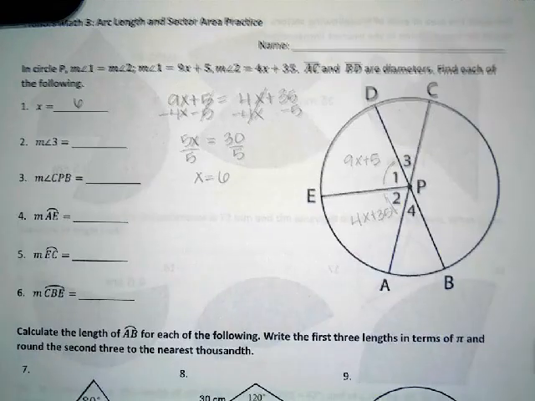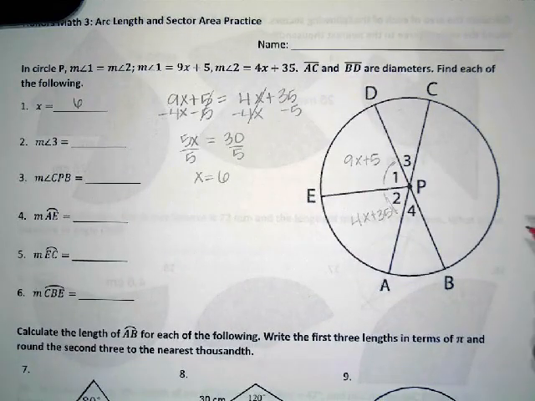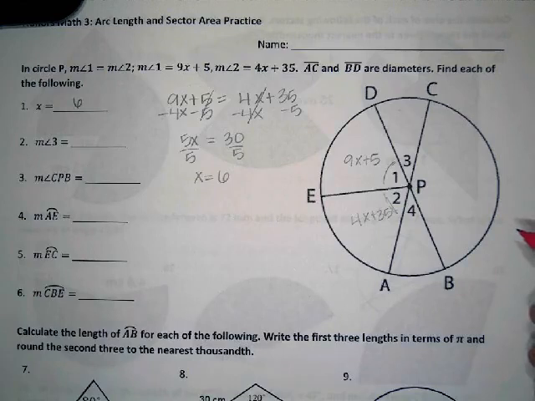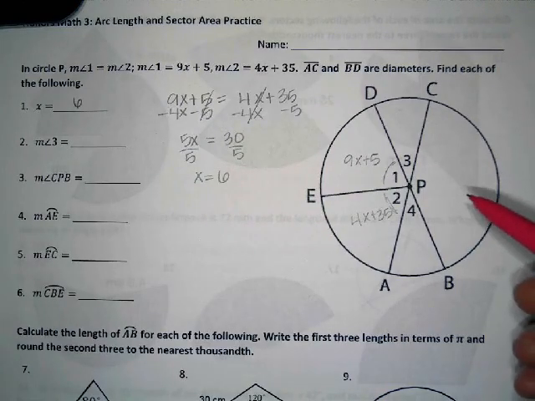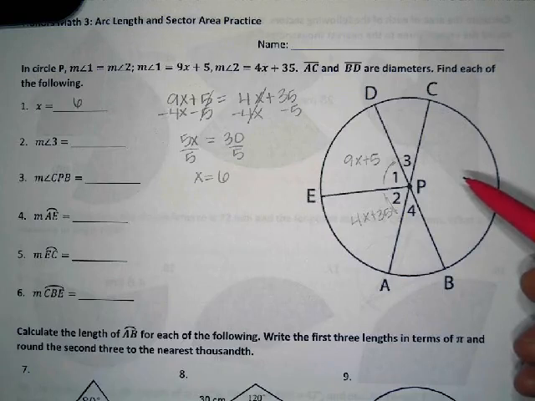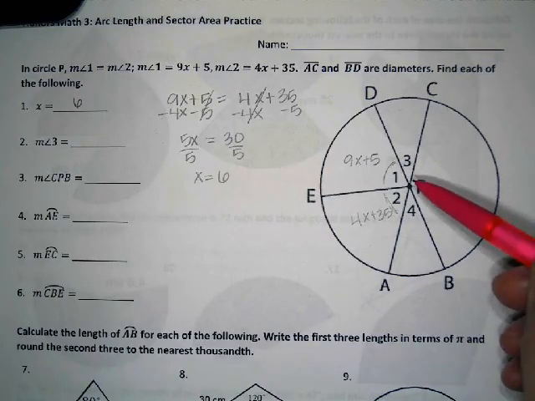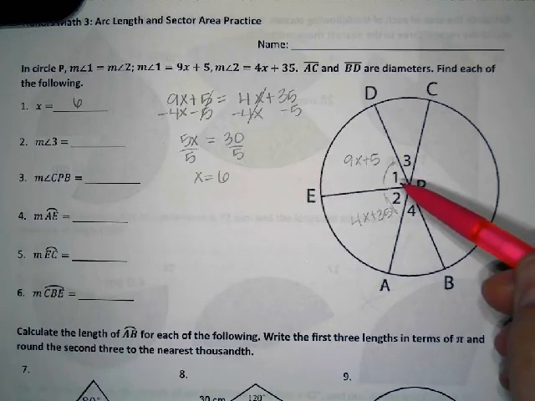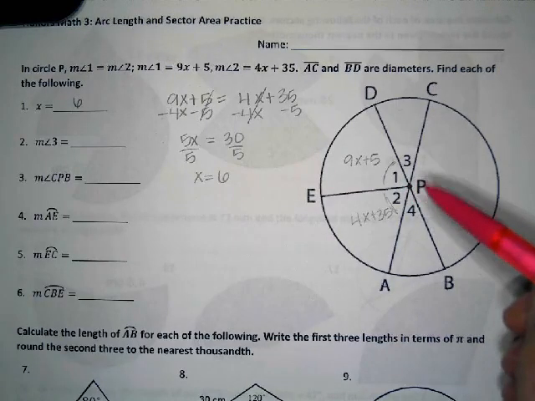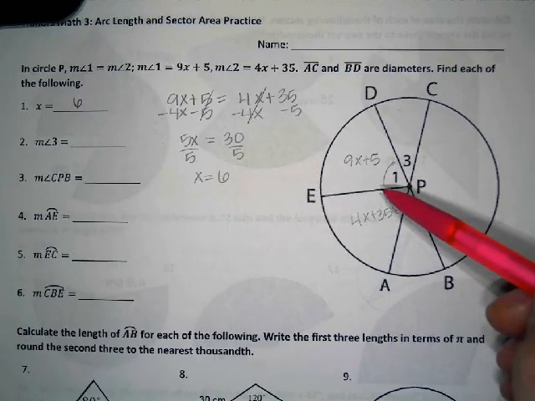And then what can we do with that? Plug it in. So if we plug in 6, what do we get? 59.